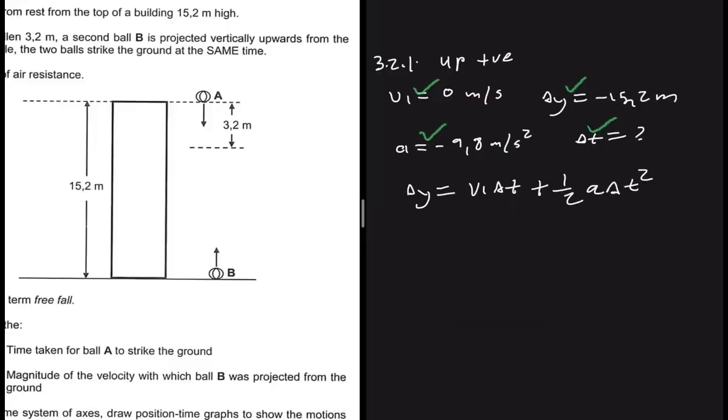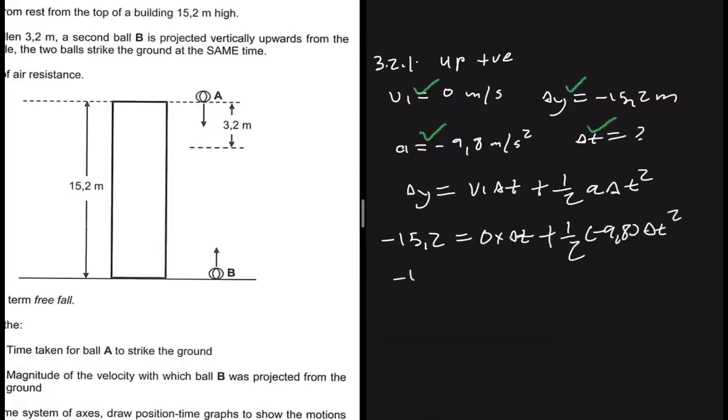So if we go ahead and substitute, we're going to get minus 15.2 is equal to VI, which is 0, multiplied by the time. So that term falls away. Plus a half, the acceleration is minus 9.8 and the time is what we're looking for.